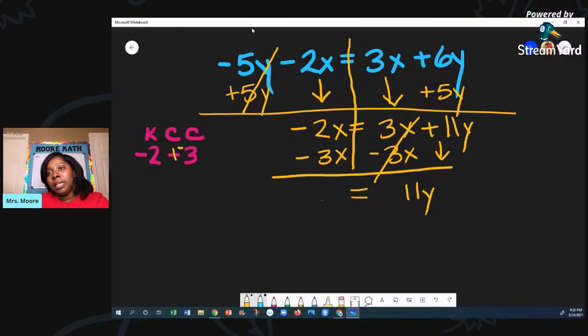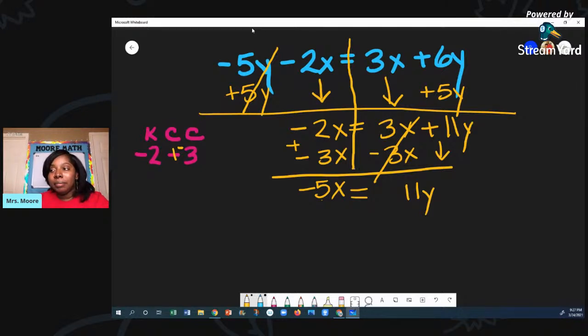So negative 2 stays the same, we change the subtraction to addition, and we change the 3 to its opposite. Okay, so it's really negative 2 plus negative 3. And as we talked about before, when we add the same sign, we add the numbers together and we keep the sign the same.